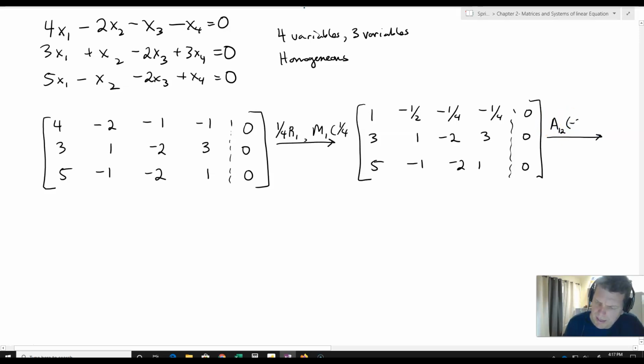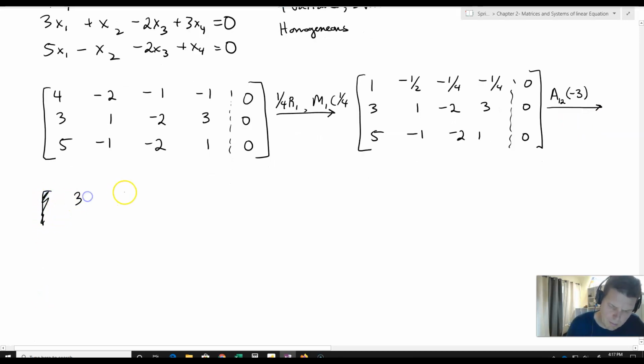I'm going to take negative 3 of row 1 and add it to row 2. So that's going to be 3, 1, negative 2, 3, 0. And then negative 3 times 1, negative 1/2, negative 1/4, negative 1/4, and 0.